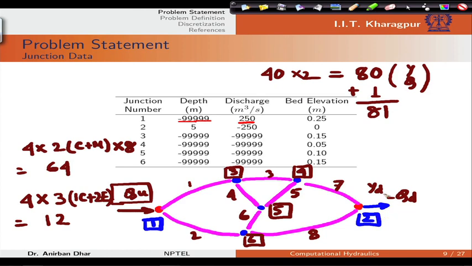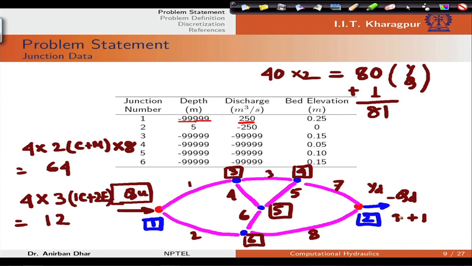After that, if we consider the external junction node 2, we have one depth and one discharge condition, plus there will be an energy continuity condition.